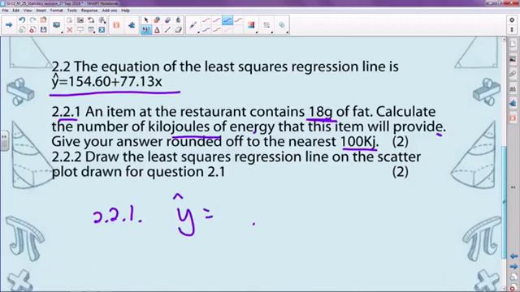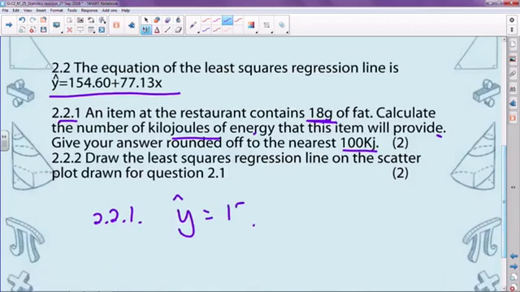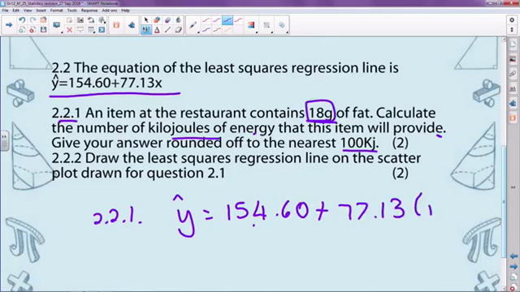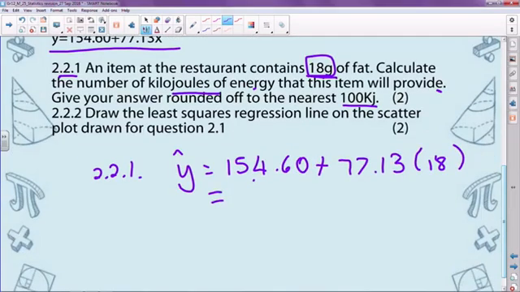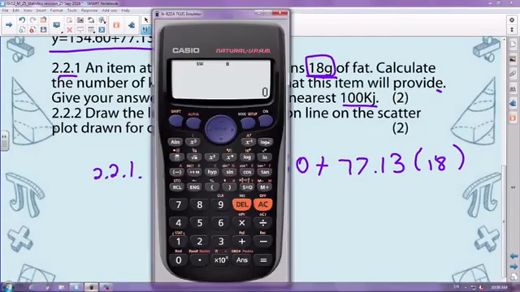All right. So all we're going to do is simply substitute our x value as 18 grams and work out what the amount of energy released is.